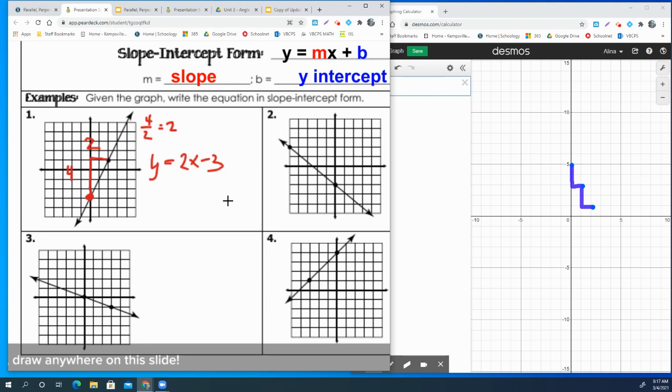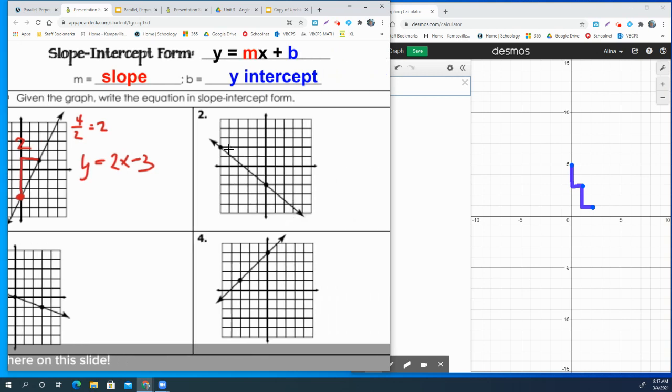So we're going to use these a little bit, and Desmos is kind of your cheat, but Desmos isn't always so great at that. If you look at number 2, we want to look at those good points. So I've got a good point here and a good point here. What's this slope from the graph? What's that slope?